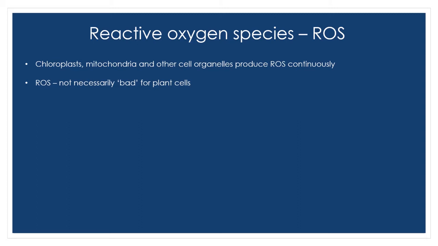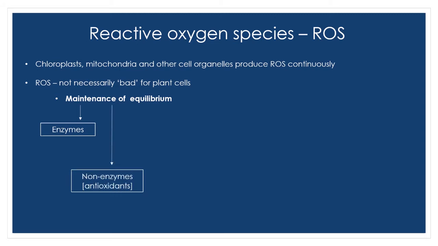What is important is that the plant maintains the equilibrium of these species, and plant cells do that either by enzymes within the plant cells, or by a non-enzymatic system, or antioxidants.